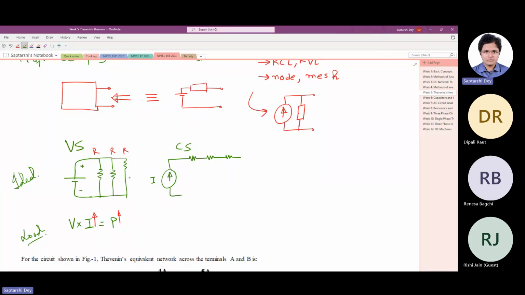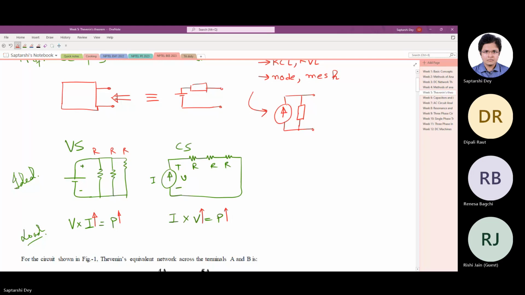So all the loads are connected in series in a current source, and they all are carrying the same current. Now I is constant, as you can see, same current flows. So more resistance you have in series, more is the voltage, and hence more is the power. It is like this.